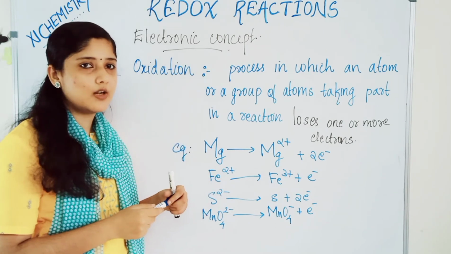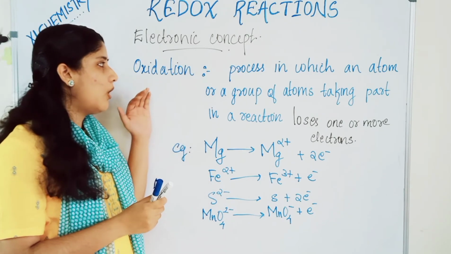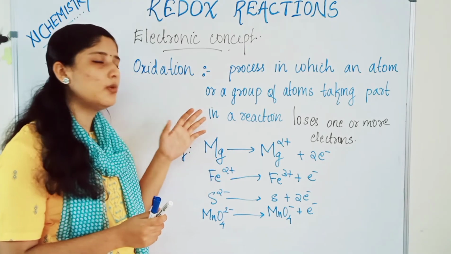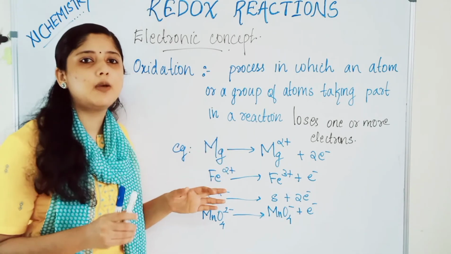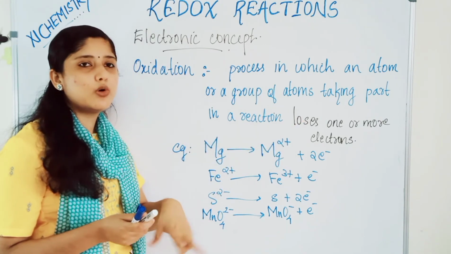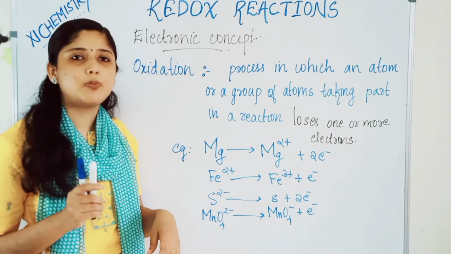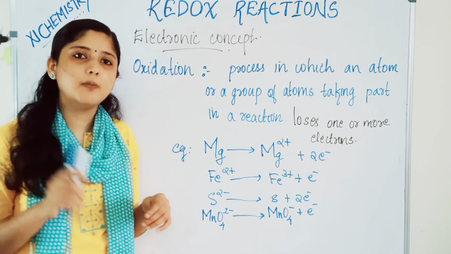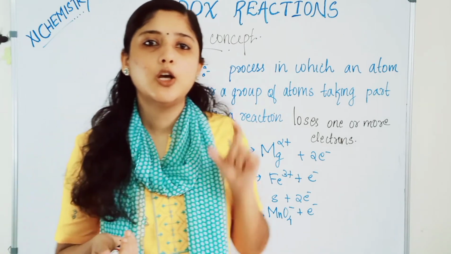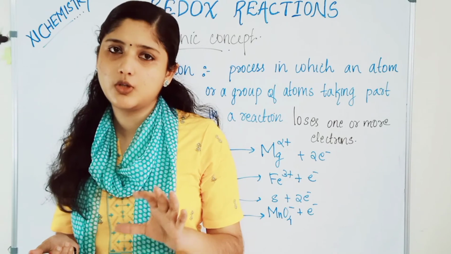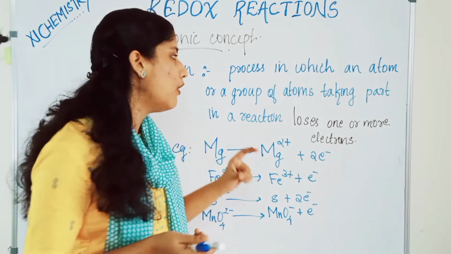Oxidation is a process in which an atom or a group of atoms taking part in a chemical reaction loses one or more electrons. Loses electrons or a group of electrons.